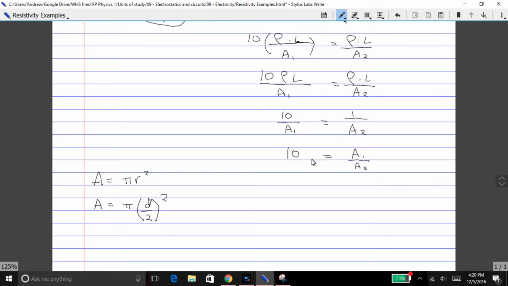But we can actually plug into this equation to get this result. So let's call this 10 equals, A1 is going to be pi times D1 over 2 squared, divided by, and A2 is going to be pi times D2 over 2 squared.